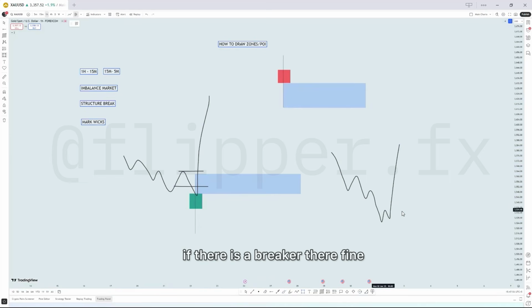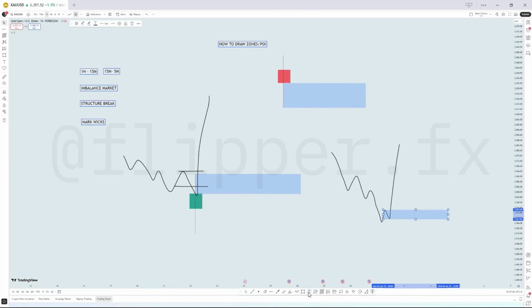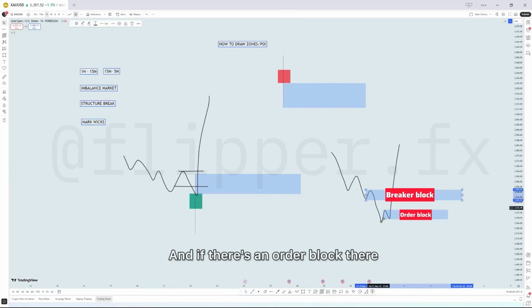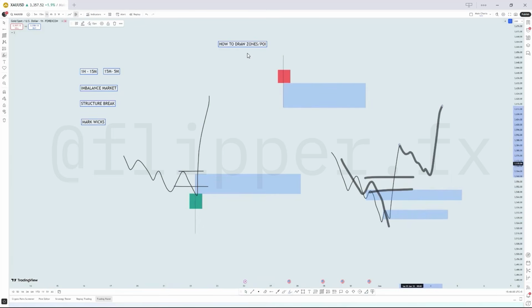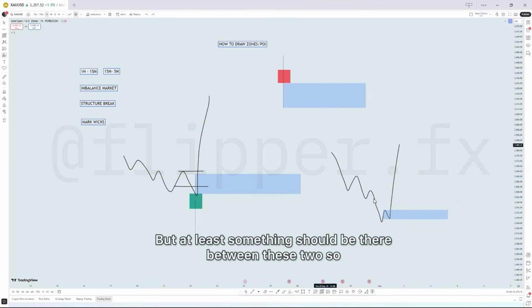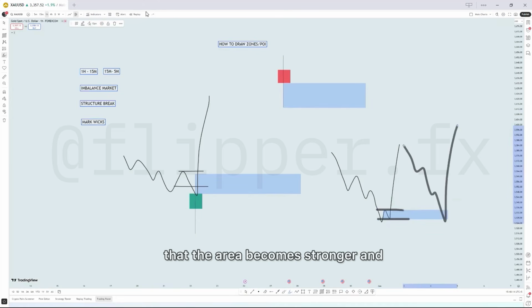If there's a breaker there, fine. And if there's an order block there, that's also fine. But at least something should be there between these two so that the area becomes stronger.